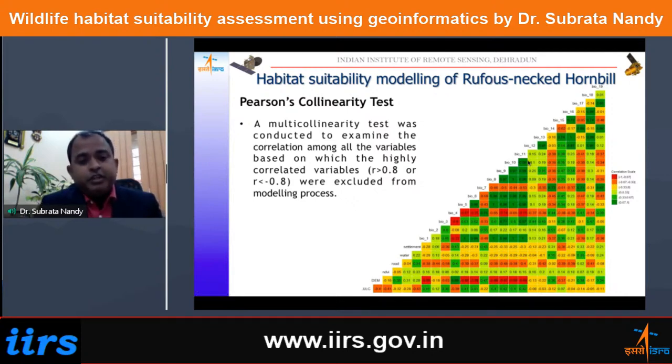If the correlation between 2 variables is more than 0.8, these were excluded, and only the uncorrelated variables with less than 0.8 correlation were selected.